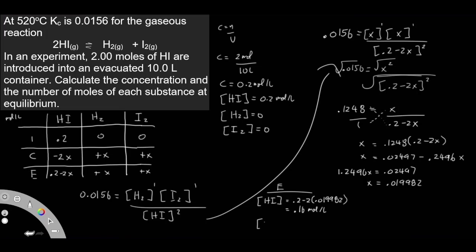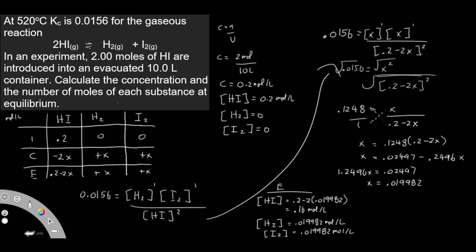For my H2, that doesn't change. That's going to be 0.019982. And then, of course, for my I2, also the same. Now, these are all in concentration.